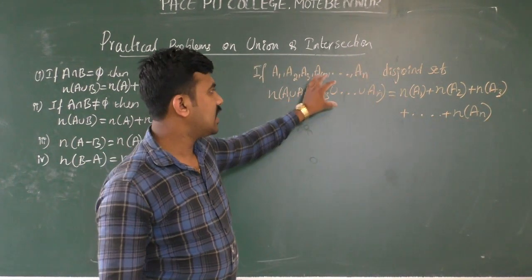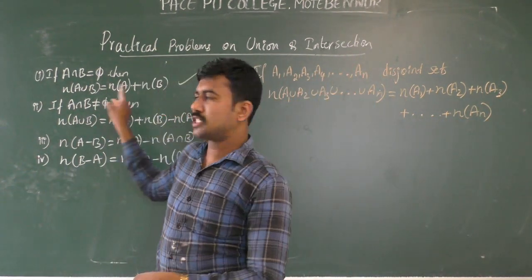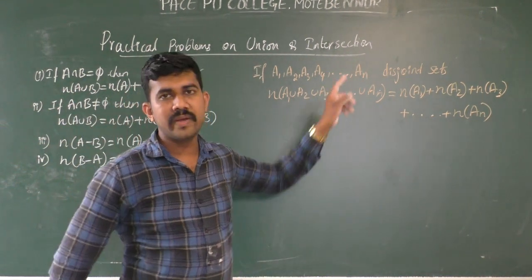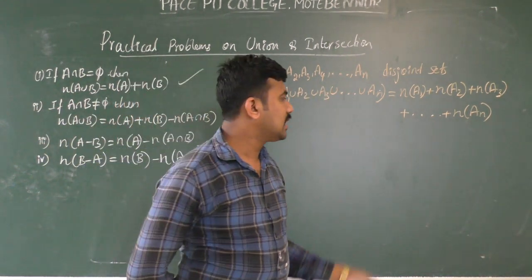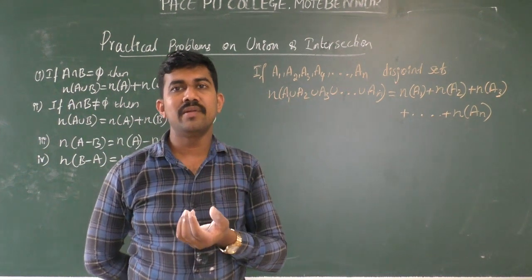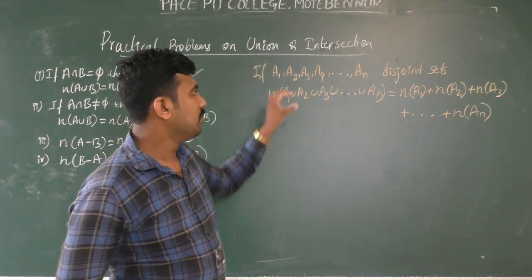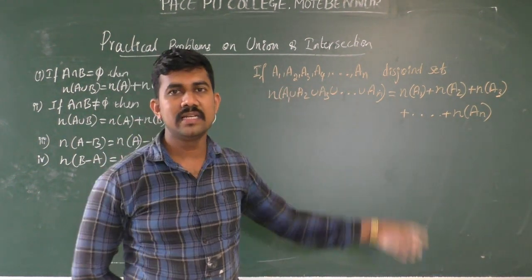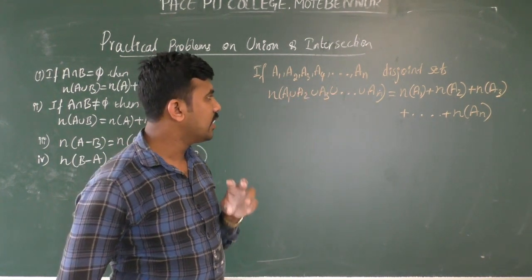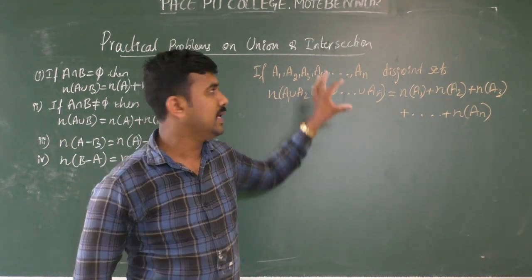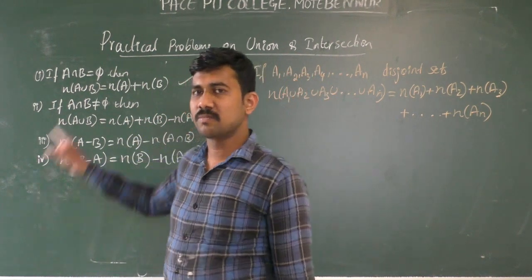So this is the extended part of your first formula, and this is helpful when dealing with competitive level problems, for your JEE or KCET. But for your regular class it is not necessary. This form is not necessary, only this much is enough.